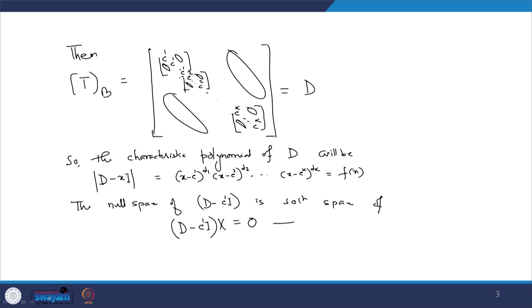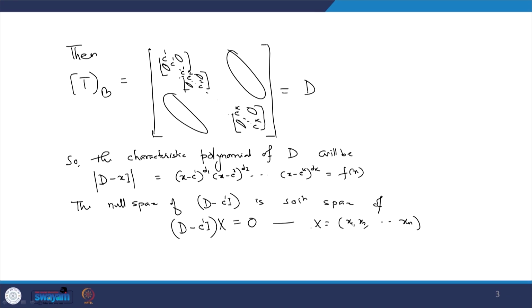Because all blocks except the first are non-zero, if we consider capital X equal to x1, x2, up to xn, then I will have only d1 free variables. Apart from these d1, all other variables xi will be equal to 0, because I get this straight away from the expression D minus C1 I times x. If I write this equation, I get xi equal to 0 for all entries except the first d1 entries.